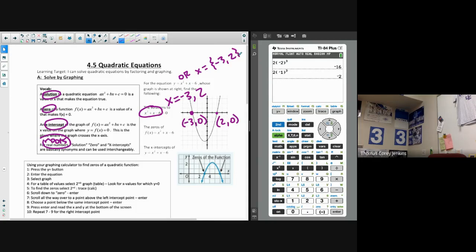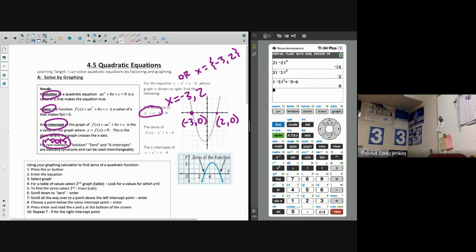To show that this holds algebraically, let's sub those in and confirm. Remember, we're saying these are the two solutions to this equation. I'll sub in the -3 first: -3 squared plus -3 minus 6 is supposed to equal 0, and you see that it does.